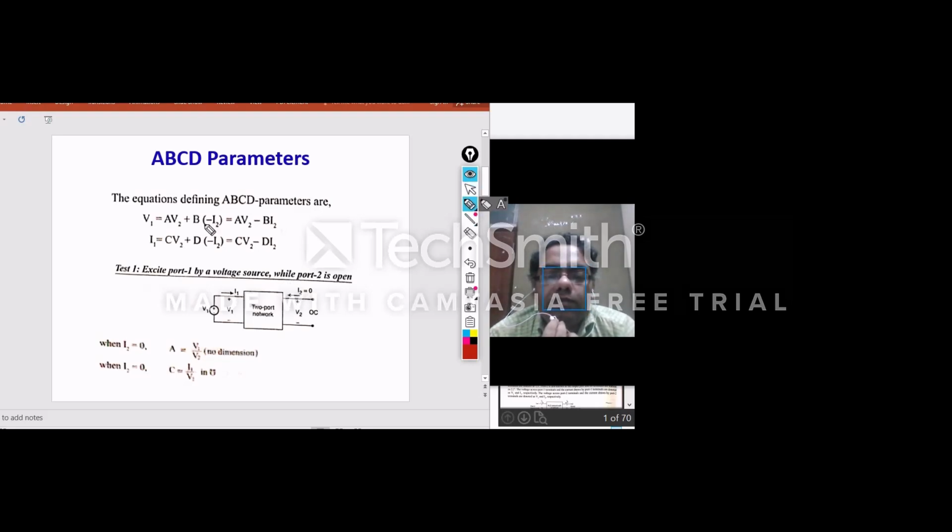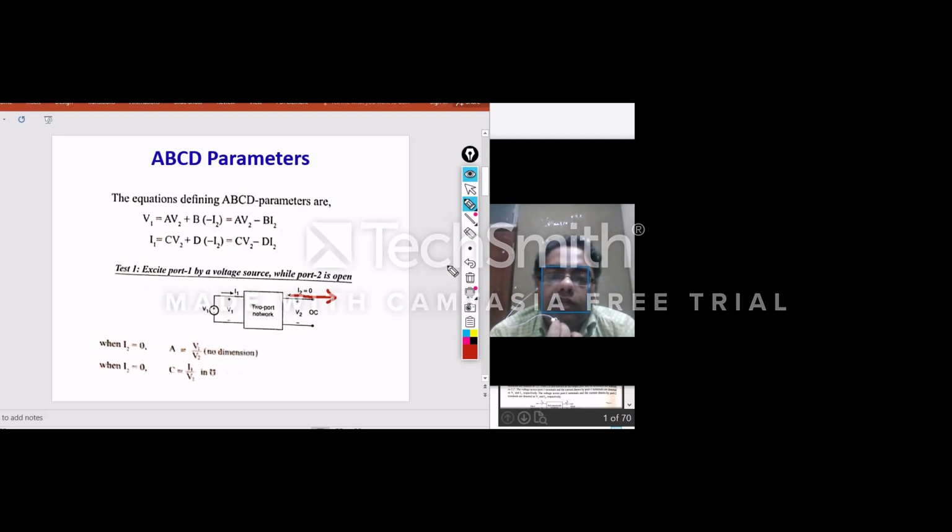Here we are putting minus because we are considering I2 in the outward direction, so it is negative. That is why we have to put one negative sign. So it is AV2 minus B of I2. Similarly, I1 is C of V2 plus D, and we put minus of I2. So it is CV2 minus D of I2.